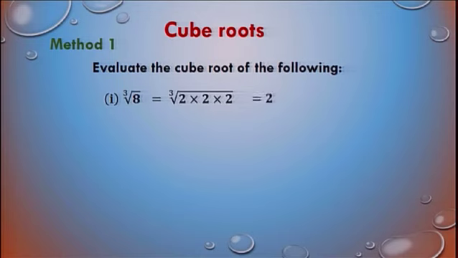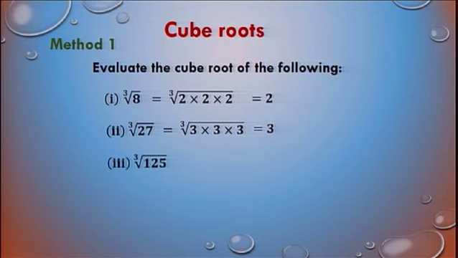So the answer for cube root of 8 is 2. Similarly, for cube root of 27, it is equal to cube root of 3 times 3 times 3. The answer is 3. Cube root of 125 is equal to cube root of 5 times 5 times 5 equal to 5.